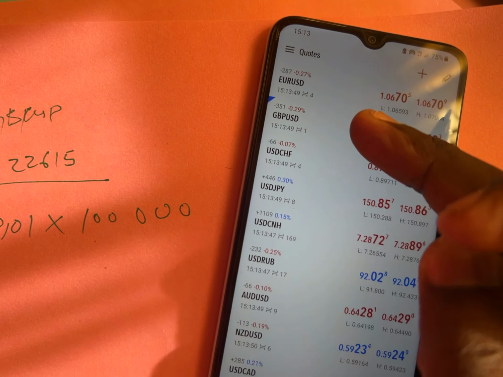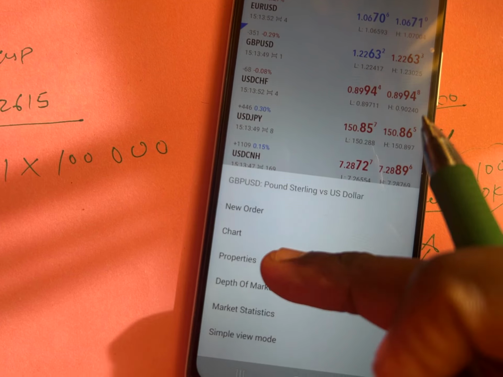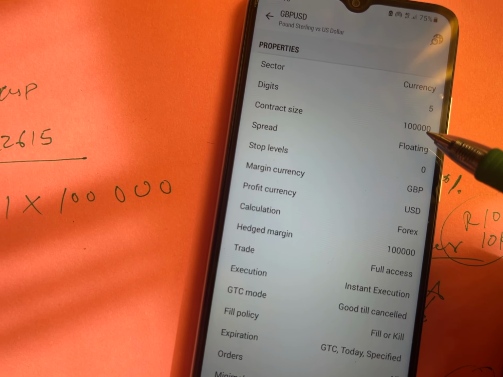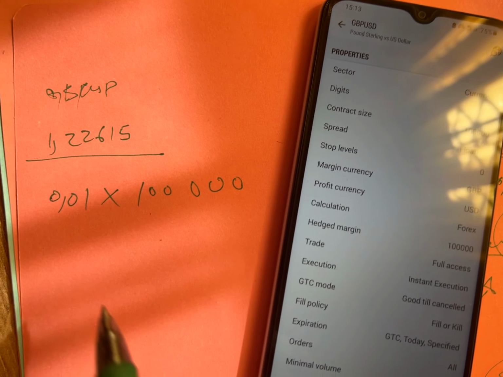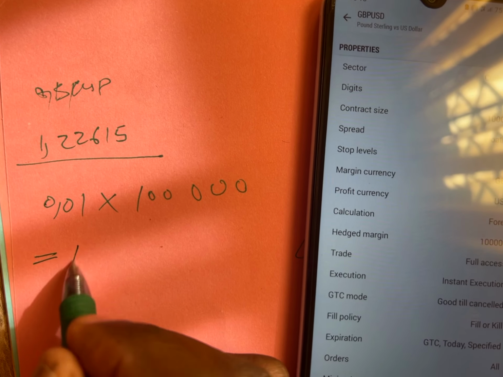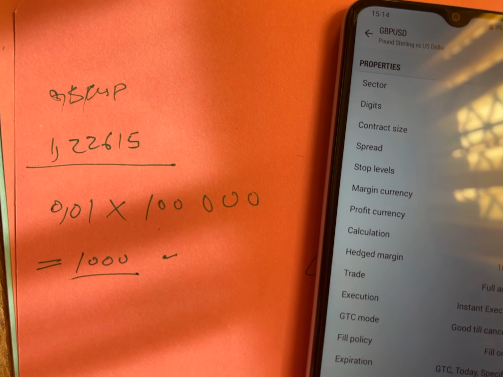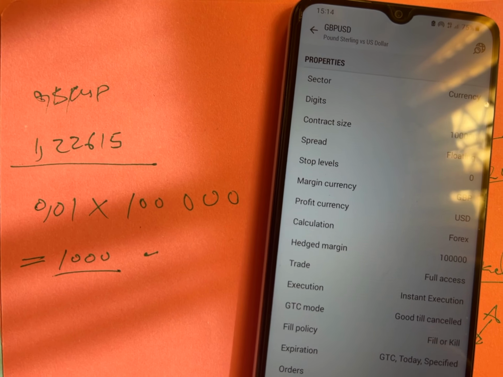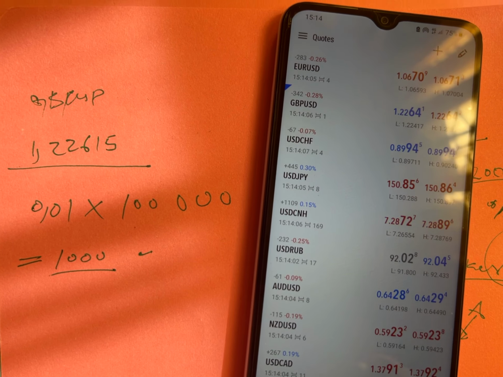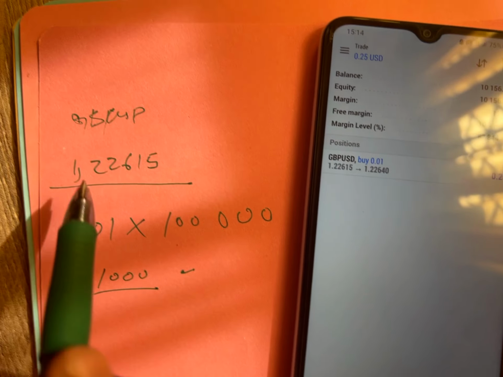So we multiply it, and it gives us 1,000. So we bought 1,000 at this price, it was a buy.